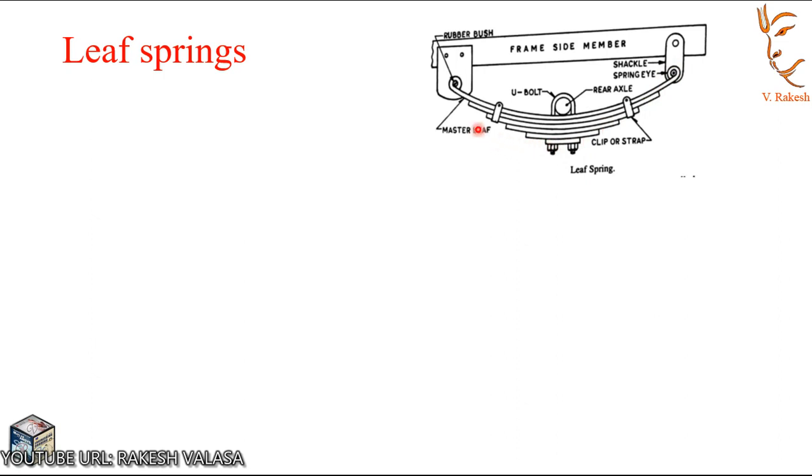The leaf springs are one of the oldest forms of spring-type suspension systems and were commonly used on automobiles till the mid 1970s. The introduction of lightweight front-wheel drive vehicles has basically made the use of leaf springs unnecessary, and automobile manufacturers are now using coil springs for both front and rear suspension systems.